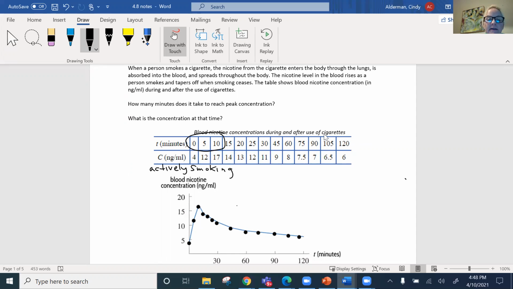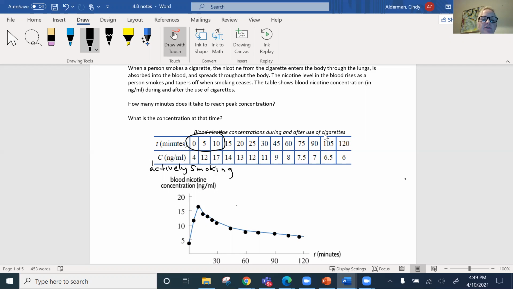But notice, after 10 minutes, you're not smoking a cigarette anymore, but the level of nicotine just tapers off. So when you're actively smoking, notice how it goes up from 4 to 12 to 17, and then starts to decrease.